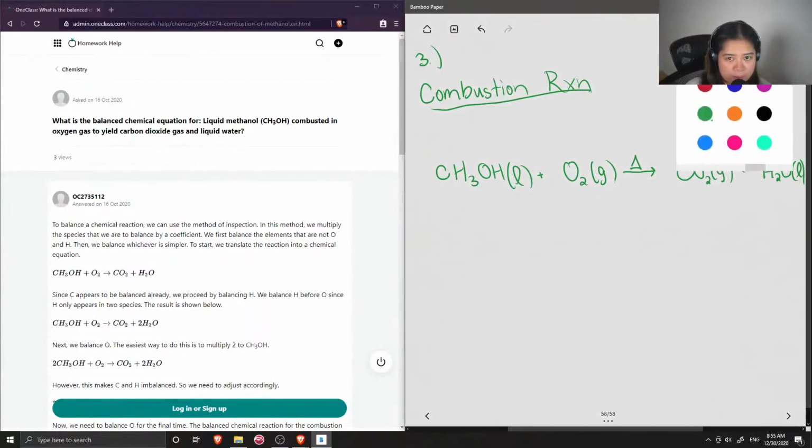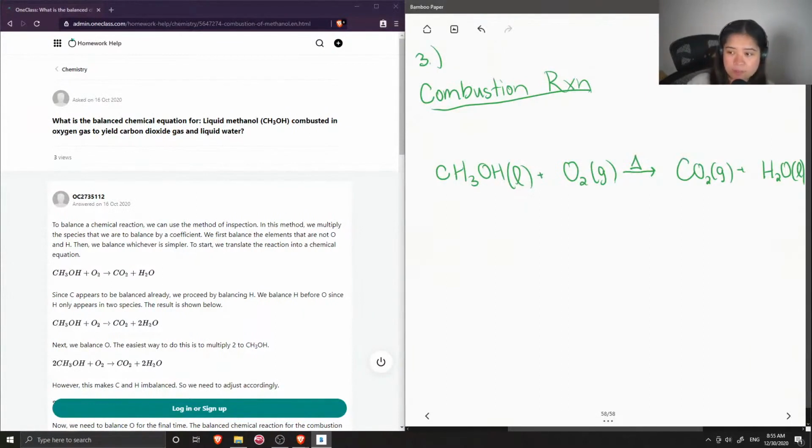Okay, so normally when I balance combustion reactions, I like to balance out my carbons first, since there are usually multiple carbons on the reactant side. But in the case of methanol, there's still only one carbon, so I'm going to skip balancing the carbons.